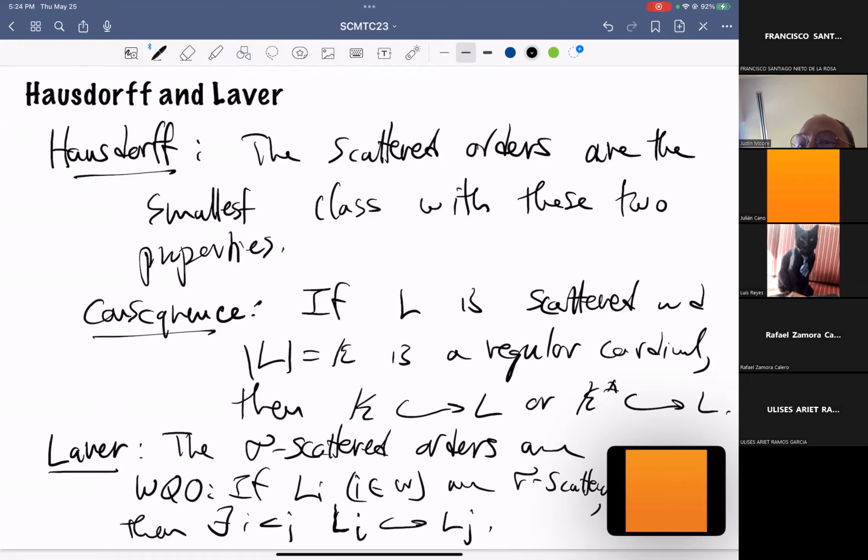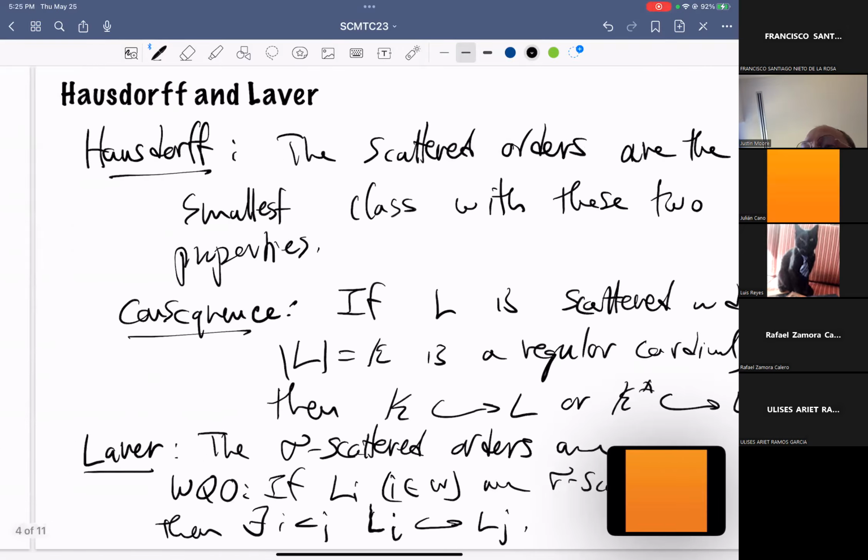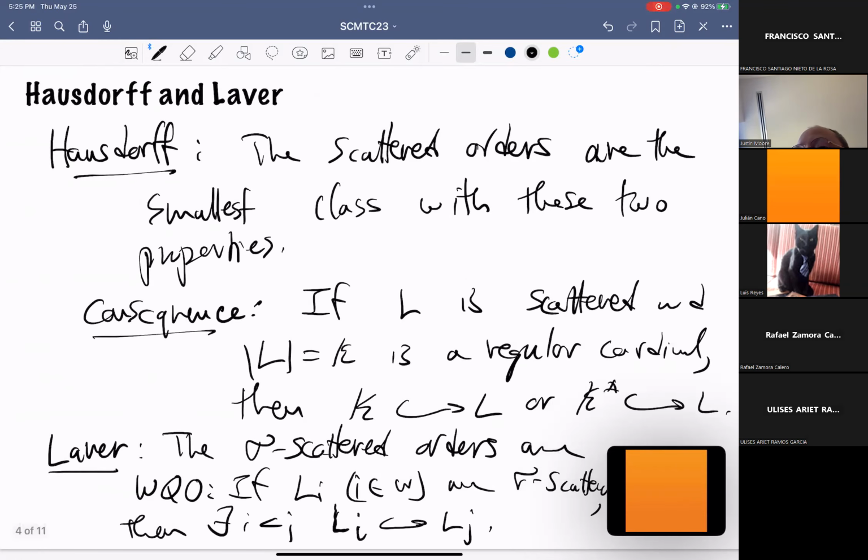So a consequence of Laver's result is that the scattered orders are well quasi-ordered, and also that the countable orders are well quasi-ordered. The sigma scattered orders generalize both the scattered orders and the countable orders simultaneously. So what are examples of orders that are non-sigma scattered?